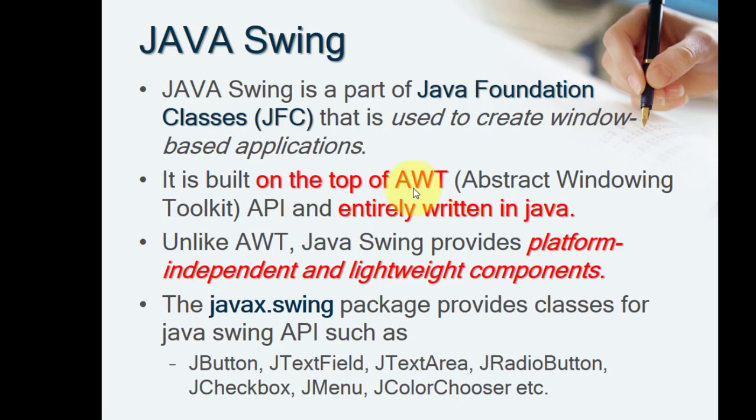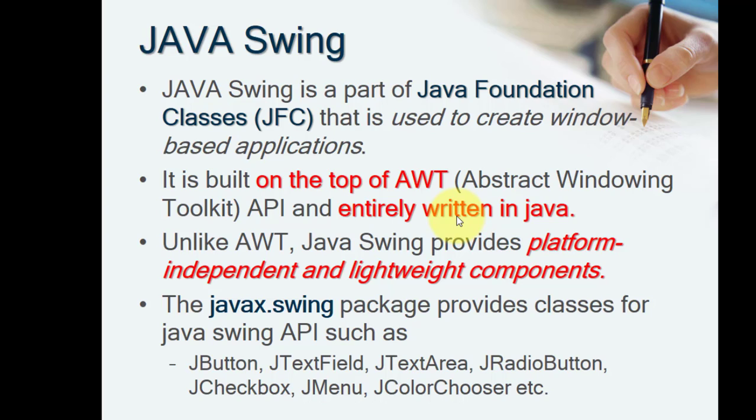So AWT has drawbacks in creating the graphical user interface, and on top of AWT the Java developers designed the Swing packages and Swing classes, that is the Java Foundation Classes. On top of AWT, the JFC classes related to Swing are designed, and these are entirely written in Java.